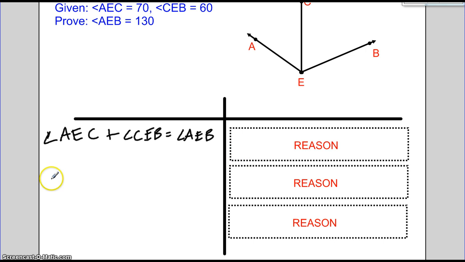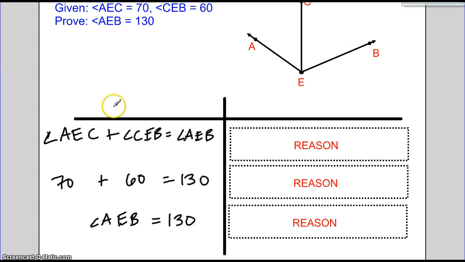Right? Then I'm going to plug everything in, which is 70 plus 60 should give me 130. If I know that this is all equal to 130, that's true, then angle AEB should be equal to 130.